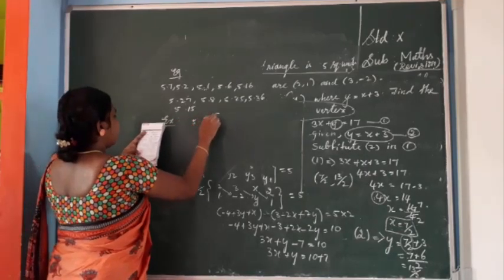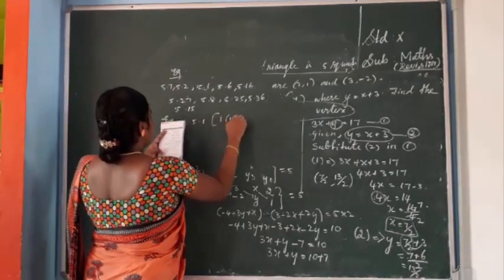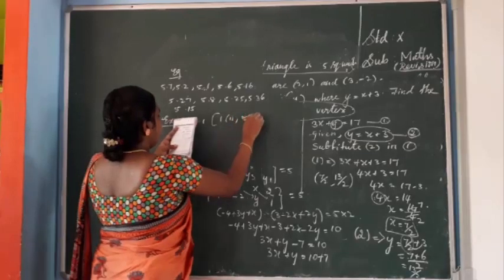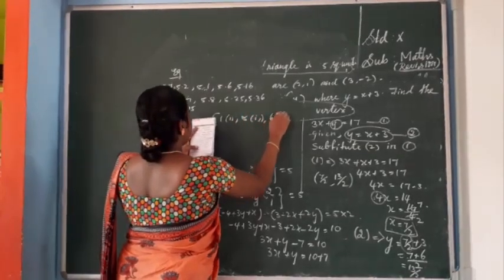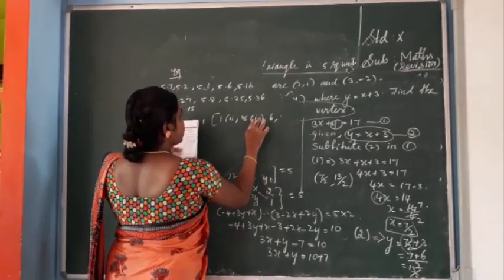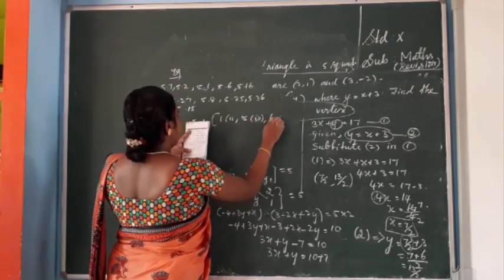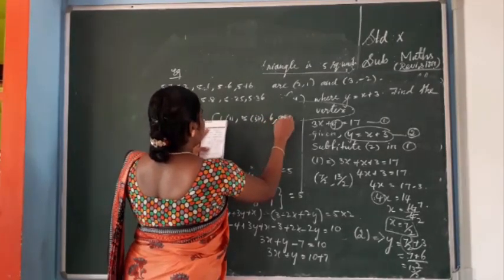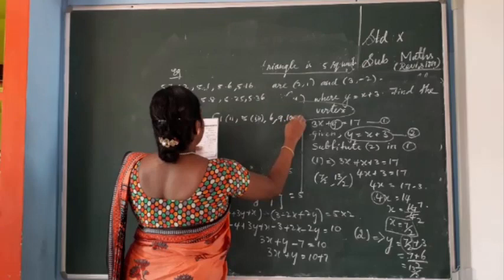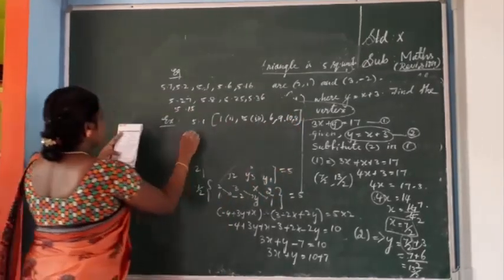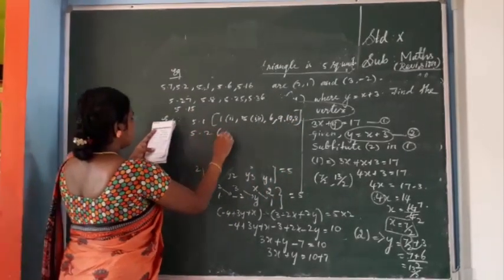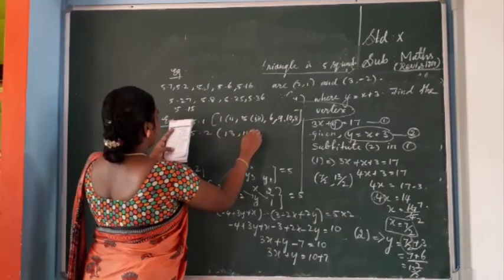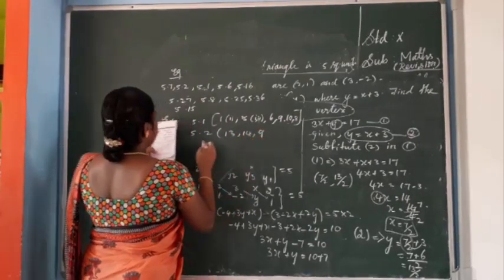Exercise 5.1: questions 1, 5, 6, and 5, 1 and 2. Area of quadrilateral: 9, 10, 8 also. Next exercise 5.2: 13, 14, 9.